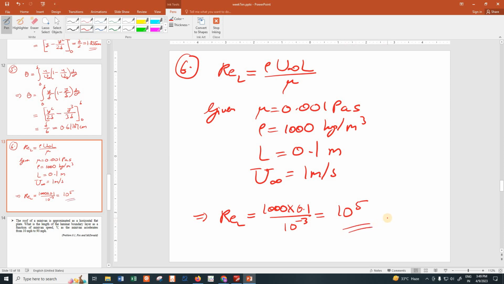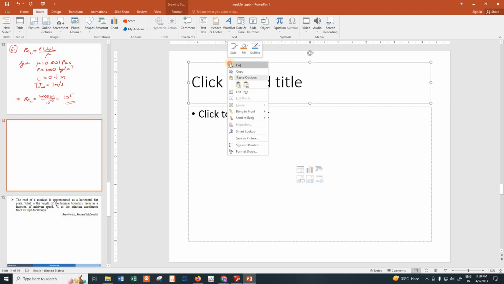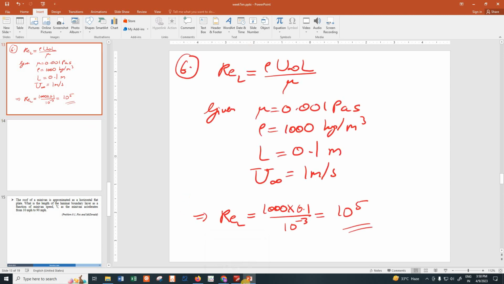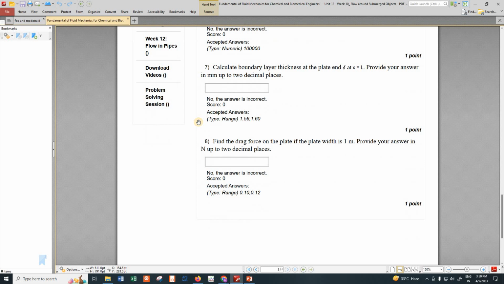Okay. This is the Reynolds number value at the plate end. Now let us discuss the seventh question.